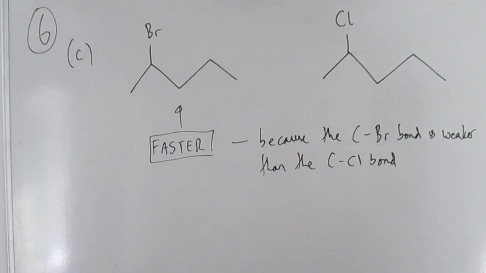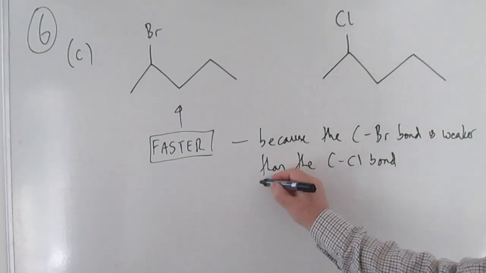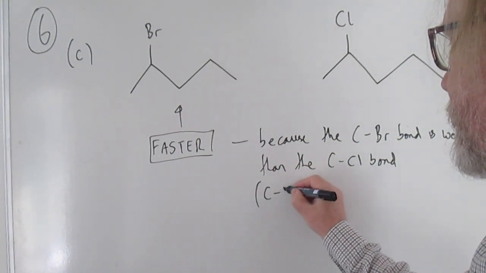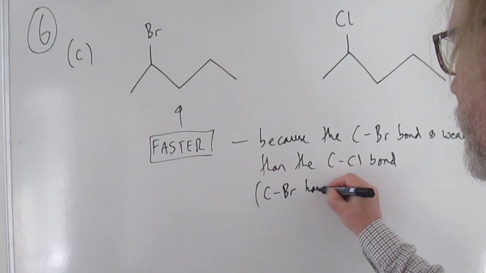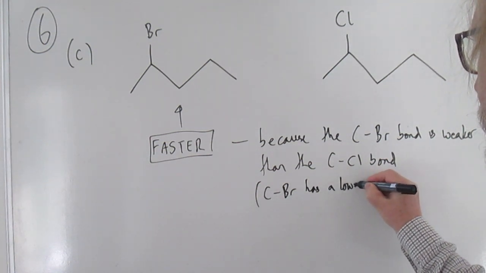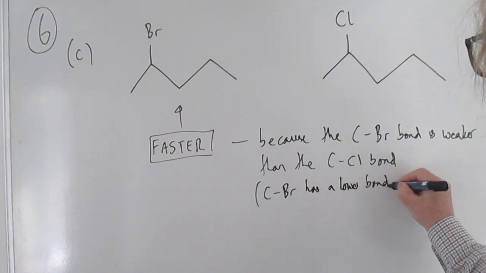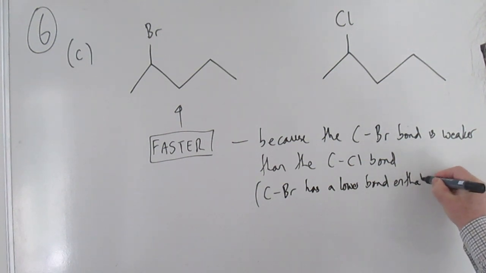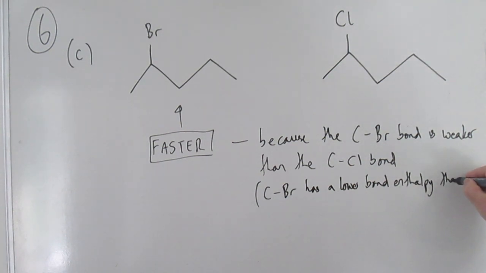You could, if you like, put that in terms of bond enthalpy, which would, I suppose, be a slightly more rigorous way of saying the same thing. So you could say CBr has a lower bond enthalpy than CCl.